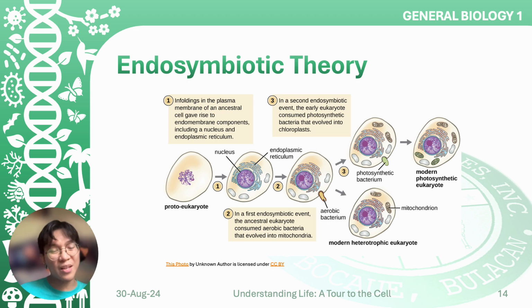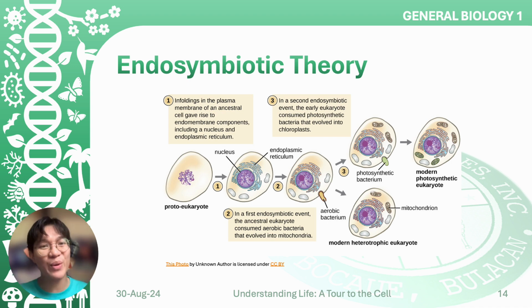John benefits from the energy that Micah can give him. At the same time, Micah is feeling safe under the big cellular structure of John. So they enjoy the company of one another until such a time that they cannot lose one another. So that's why Micah became part of John, and Micah will be the future mitochondrion.